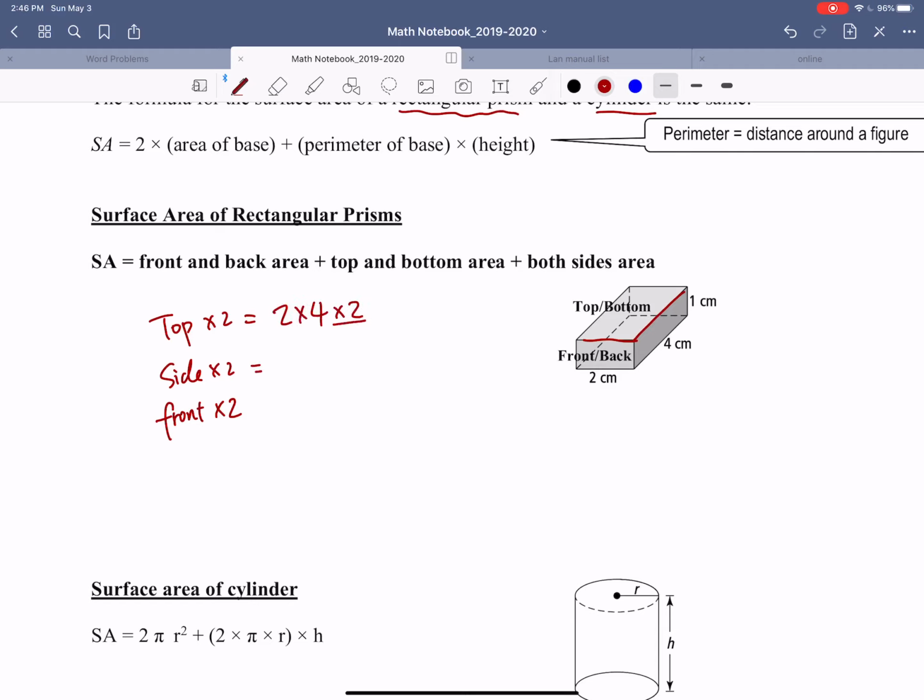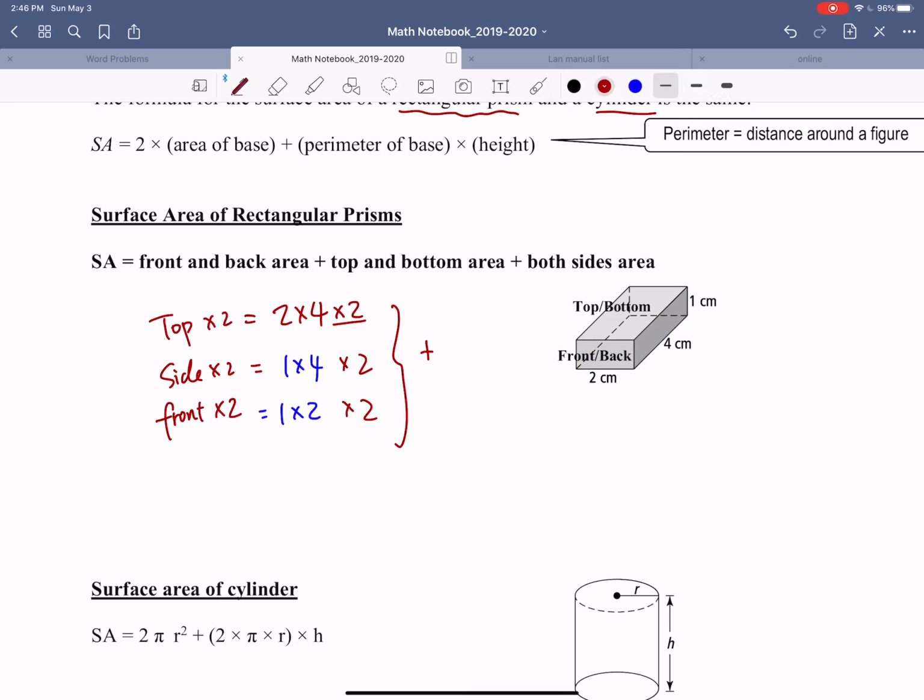The side needs 1 and 4: 1 times 4 times 2. The front needs 1 and 2: 1 times 2 times 2. Then you combine them together and you get the answer.